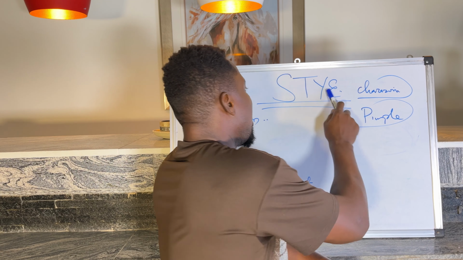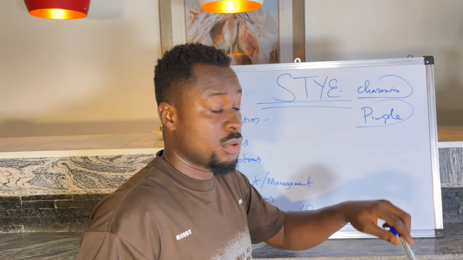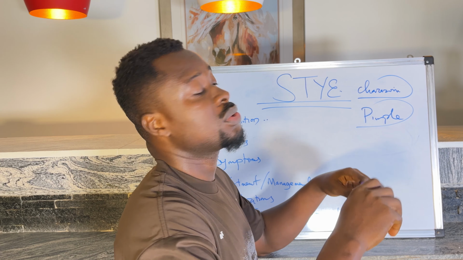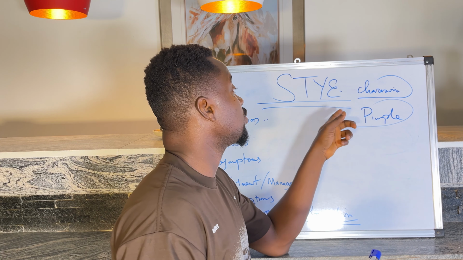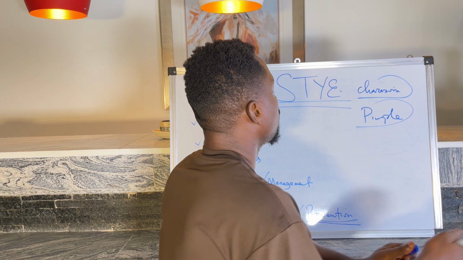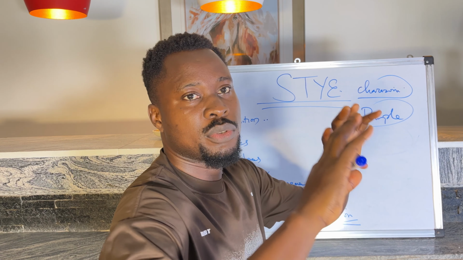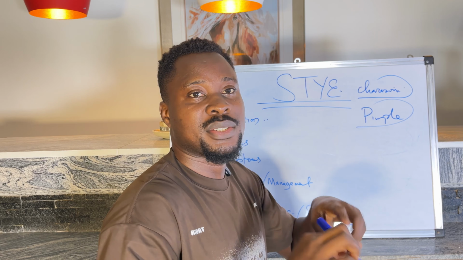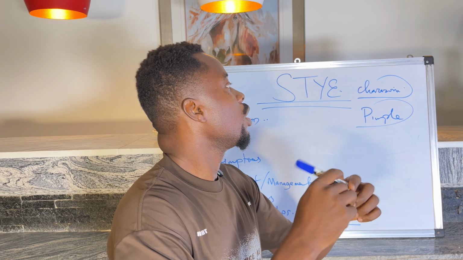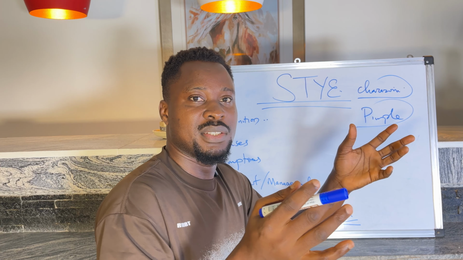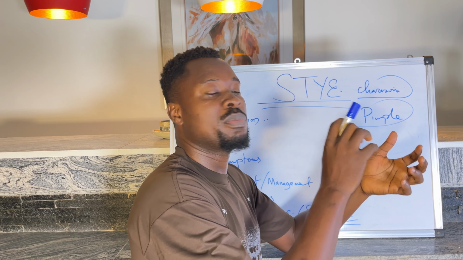When we talk about stye, we have two types, the internal and external, but external is more common. Although in some cases you also see patients have the internal type of stye or hordeolum. Then when we compare it with chalazion, they look the same, but not the same. When you're talking about a stye, it is always painful, it is red and swollen. But a chalazion is painless. It might not really be red, but there is a bump or a swollen part of it.